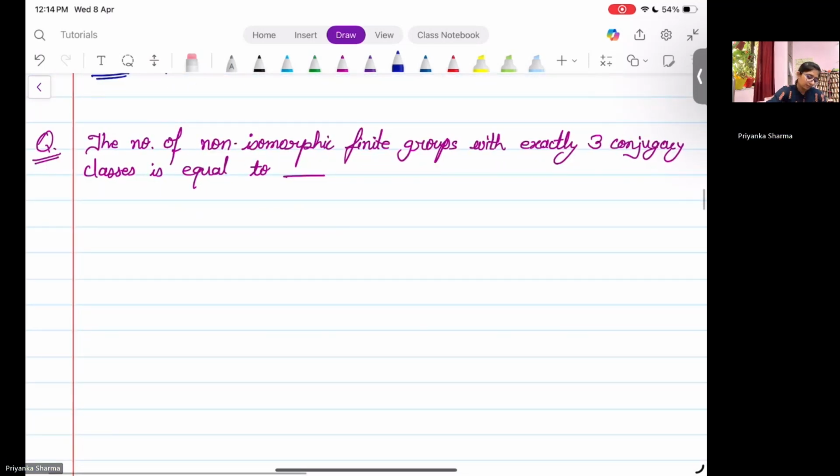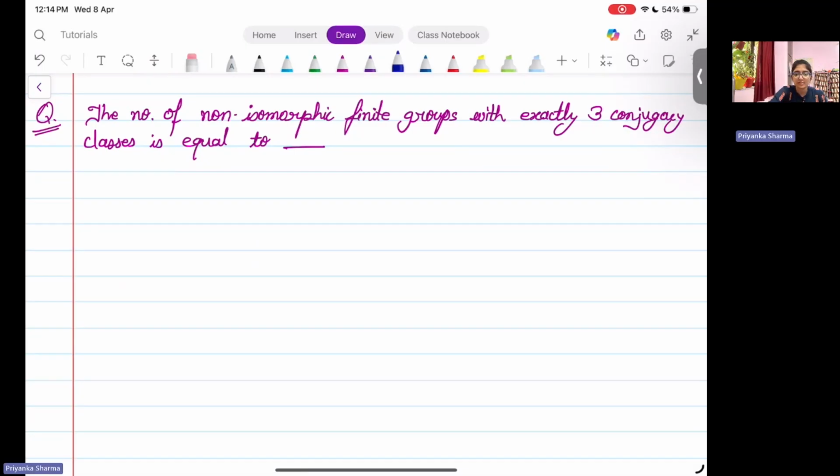Okay, come to another question, which is an interesting one. The number of non-isomorphic finite groups with exactly 3 conjugacy classes is equal to what? We need to find the number of groups which have 3 conjugacy classes.